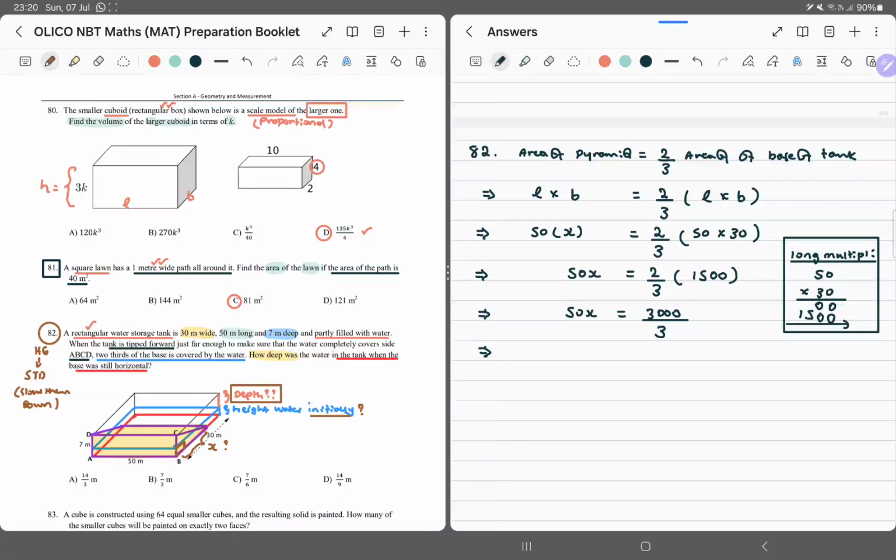So this also implies that we've got 50x equals 1,000, this is just a squared. Okay, so it's much easier again. We divide here by 50. So 1,000 divided by 50 is what?